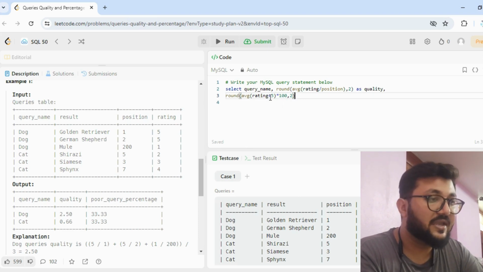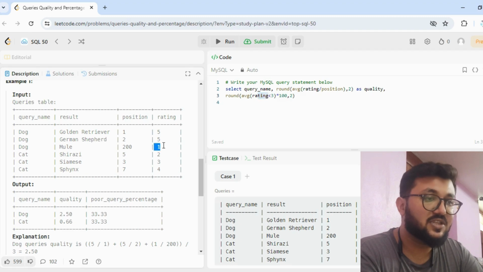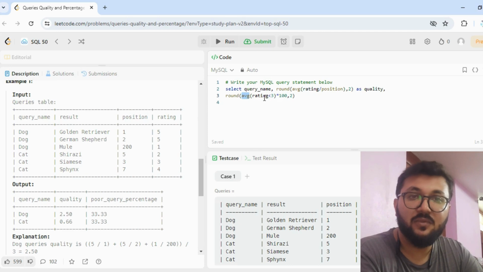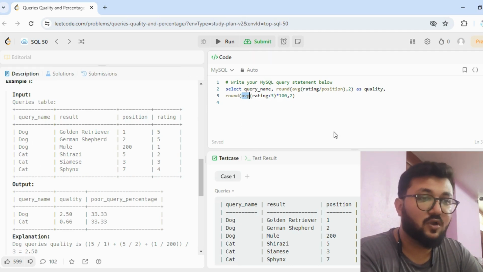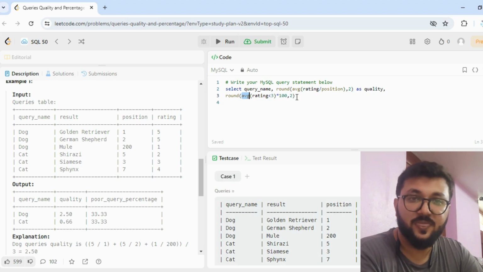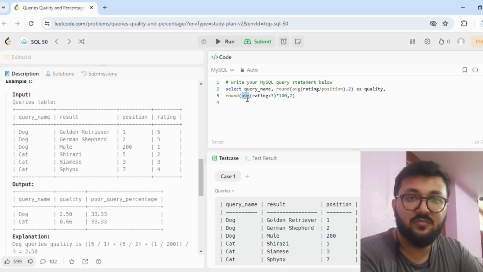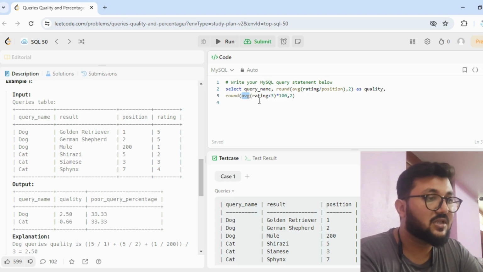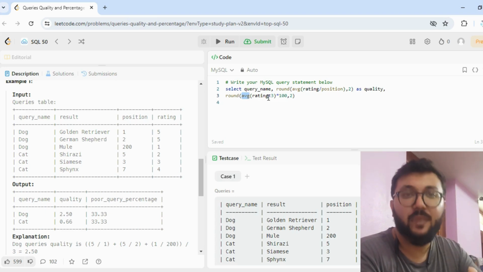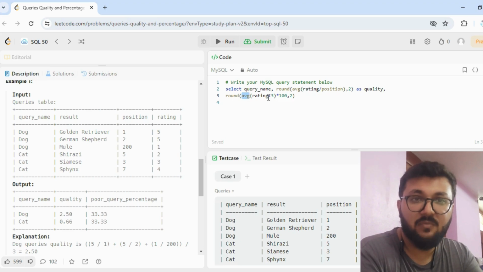It will first find rating less than 3. For dog, rating less than 3 is 1. Now we will find the average. What is the average? 1 by the number of dogs. What is the number of dogs? This query name has 1, 2, 3. So for dog it will take 1 by 3 into 100, up to 2 decimal places. So this is how my count will work as average: by using average, the count of rating less than 3 by the number of values.